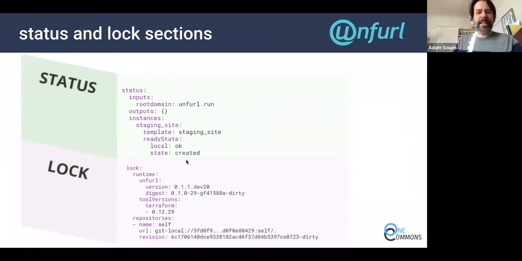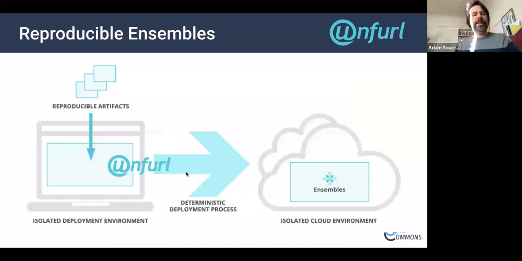Like I said, it records all the versions that are running, the repository, the revision IDs, and the goal behind that is to have reproducible ensembles. And so the high level concept, like I said, goes back to this bigger vision of having transparent and reproducible ensembles.